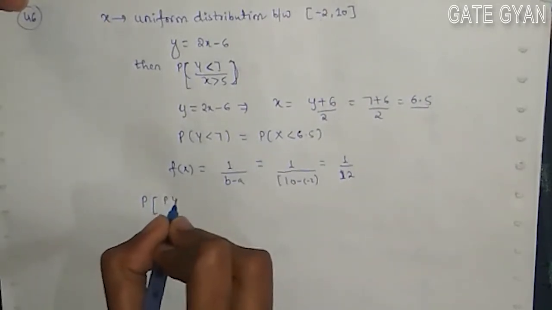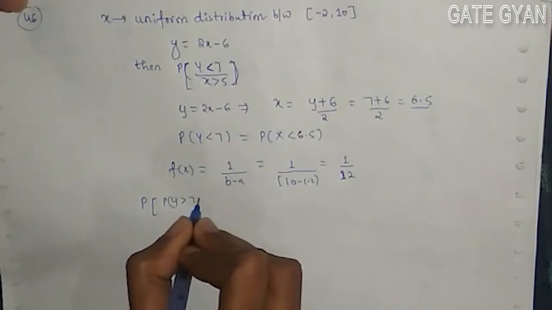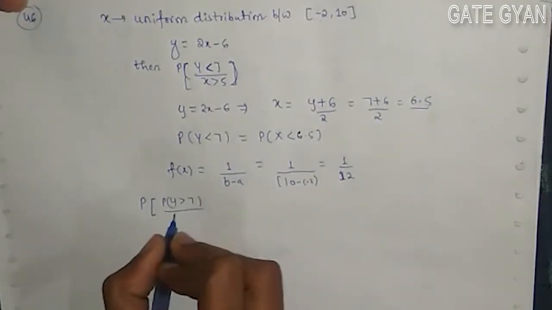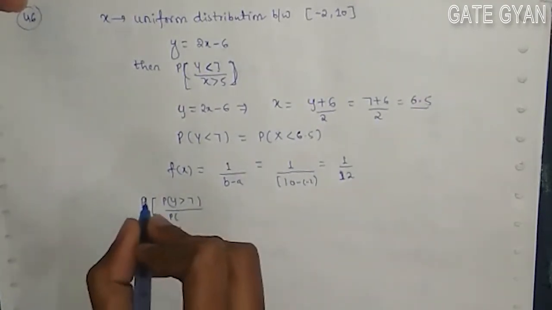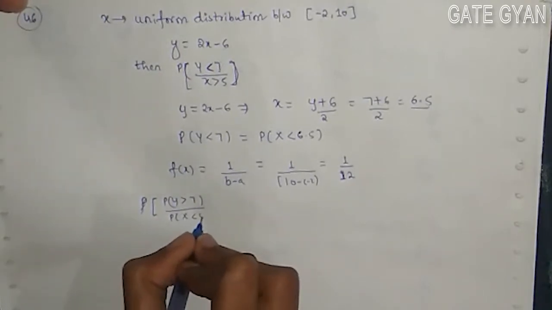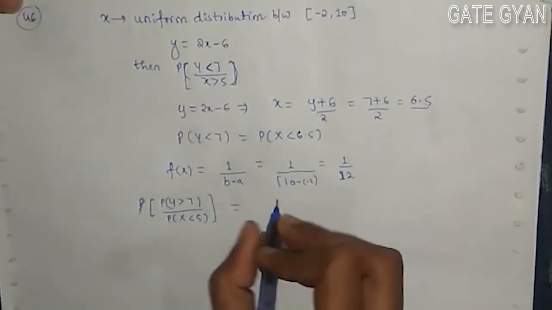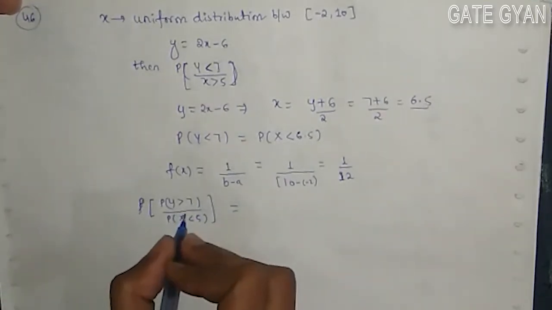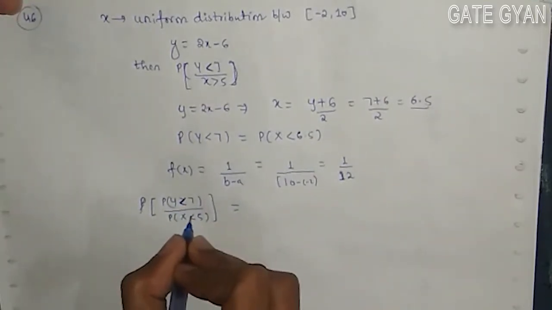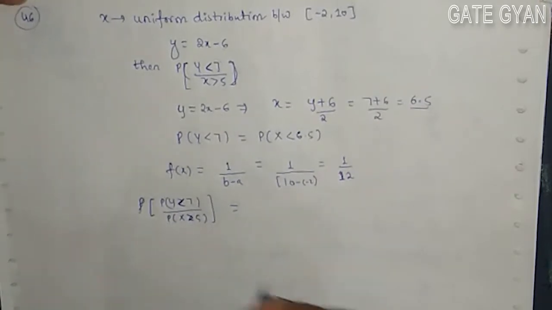Now how will the probability look like: P of y less than 7 and x greater than 5, upon P of x greater than 5.